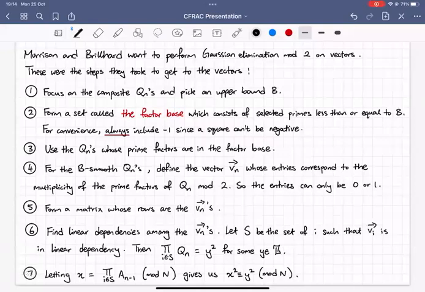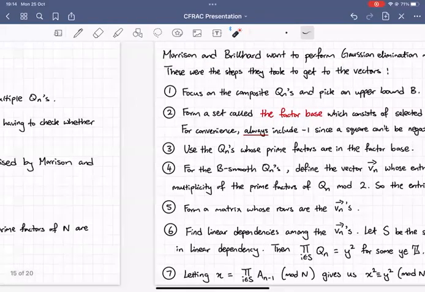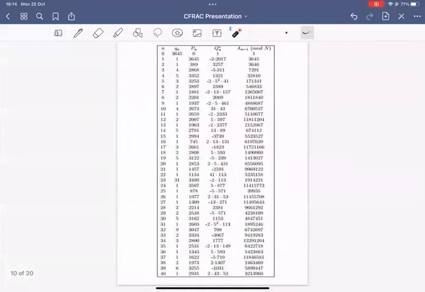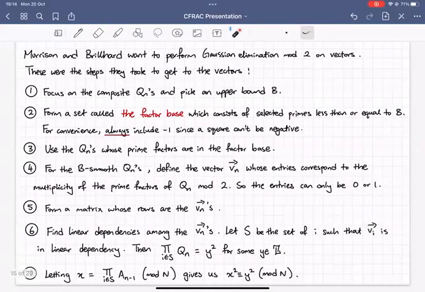Okay, so this is quite a packed slide, but let's work through the steps one by one. They want to perform Gaussian elimination modulo 2 on row vectors, and these are the steps they took to get to the vectors. So, 1, focus on the composite QNs. Back in the table, notice that some of the QNs are not factored. That just means that they're prime, so in this method, you don't consider them at all.